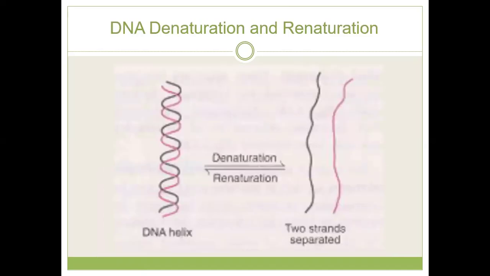So, briefly talking about denaturation and renaturation of DNA. We said that the two strands in DNA are held by hydrogen bonds, and these hydrogen bonds can be disrupted, can be broken down either by temperature or by pH, both acidic and alkaline pH, or even the salt concentration.